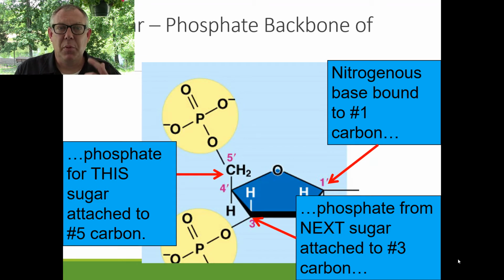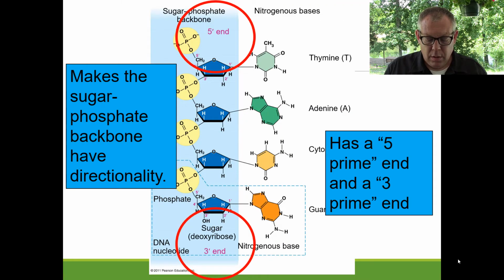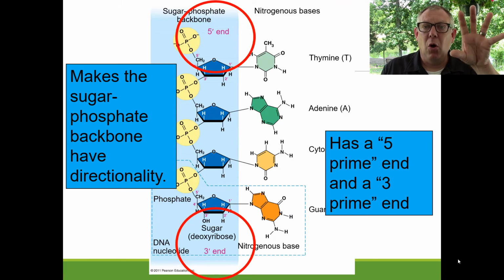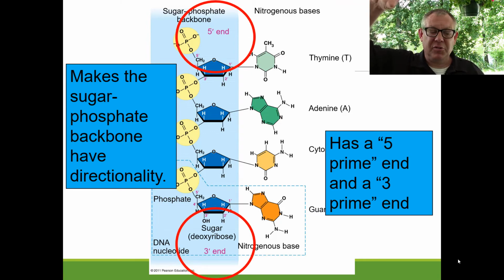That's going to be real important when we talk about building a DNA structure later. Because these are arranged in this way, the nitrogenous base is always on the 1 prime carbon, the phosphate's always on the 5 prime carbon. When you stick these nucleotides together, it gives the entire strand directionality. And we talk about the 5 prime end and the 3 prime end.